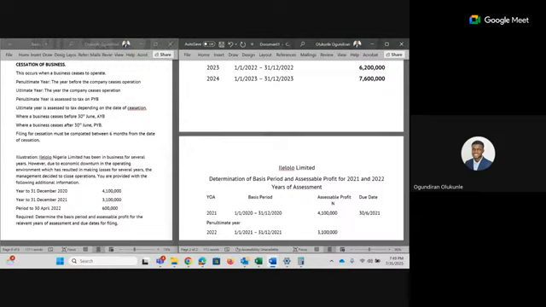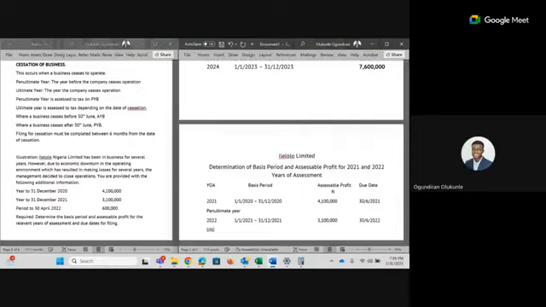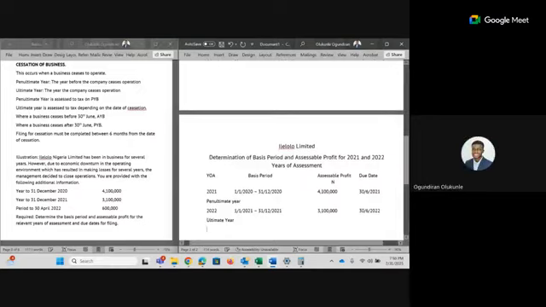Then you have 2022. Then the ultimate year you say 2022 again, because that's going to be actual year basis. It's 30 April this time, so it's 1/1/2022 to 30 April 2022. So you have 600,000. And what will be the due date?